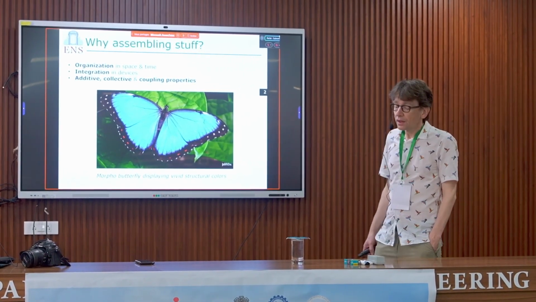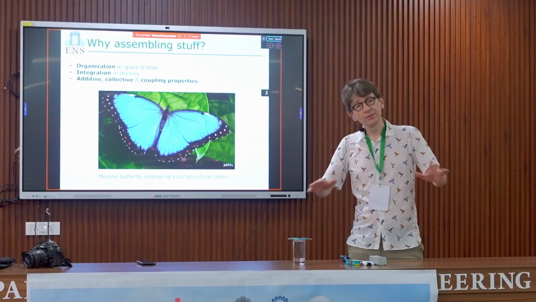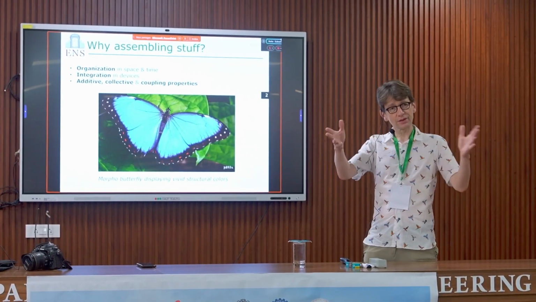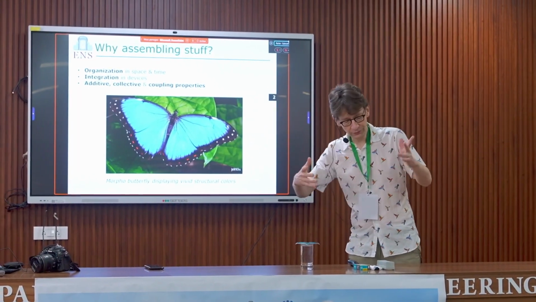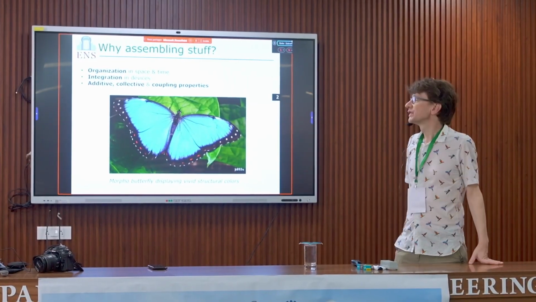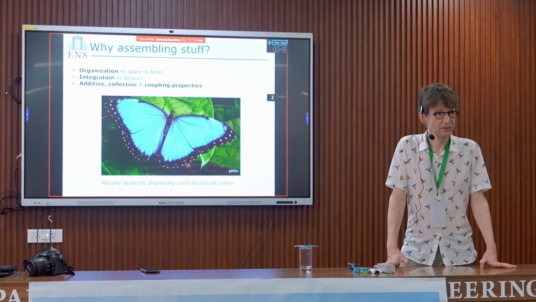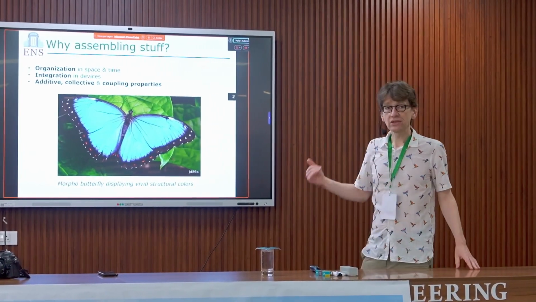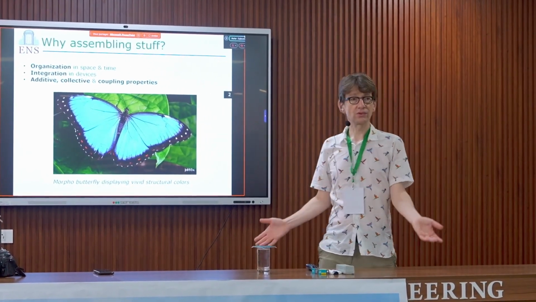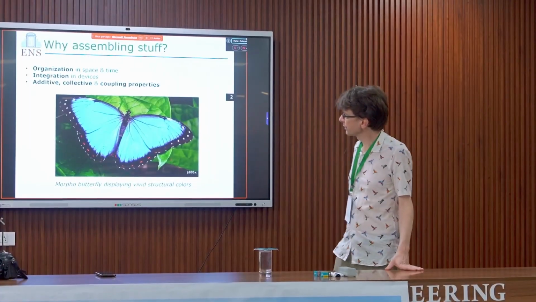So it's not enough to have very beautiful crystals of colloids or of nanoparticles. You need to be able to integrate them in functional devices. And for that, you really need to be able to control the assembly. It's very important as well.